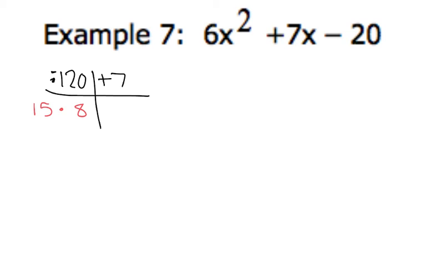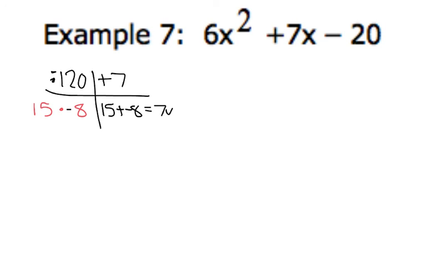Haha, caught that. It's supposed to be negative. So one of these numbers got to be negative. I need the answer to add up to a positive 7. So I think we're going to make the 8 negative. So let's check ourselves. 15 times negative 8 is negative 120. 15 plus a negative 8 results in a positive 7.